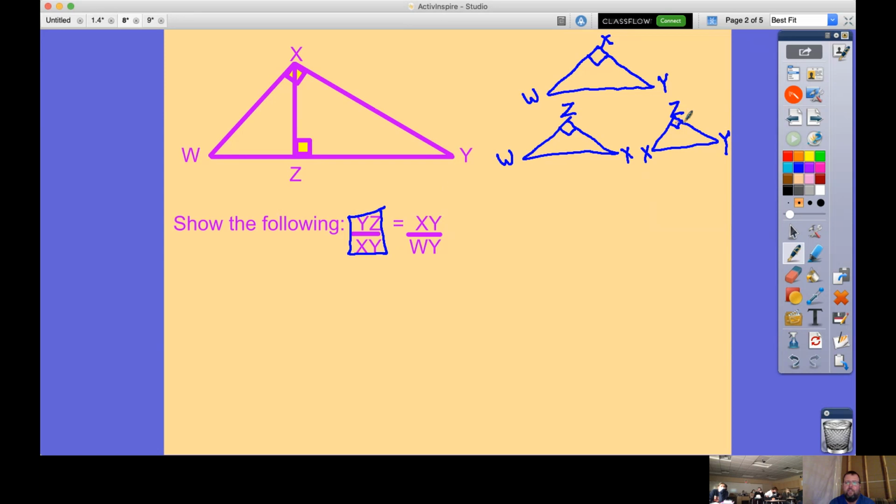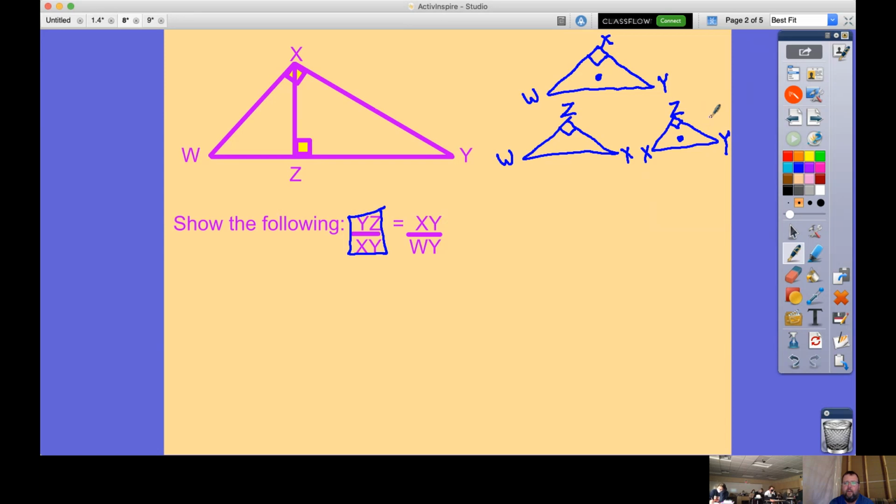So YZ, let's see, we've got a YZ here and an XY here, and that's the only one of the three triangles where it deals with both of these two sides. So we're talking about the right triangle here, and then XY over WY. That looks like we're talking about this one here. And notice that YZ and XY are both the right ones.